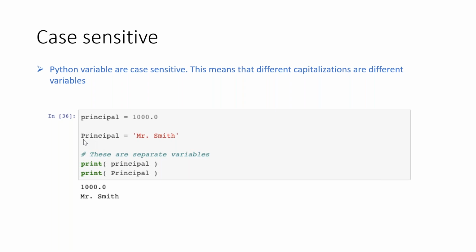A principal with capital P is different from principal with small p. So they are different variables because variables are case sensitive in Python. Keep that in mind.